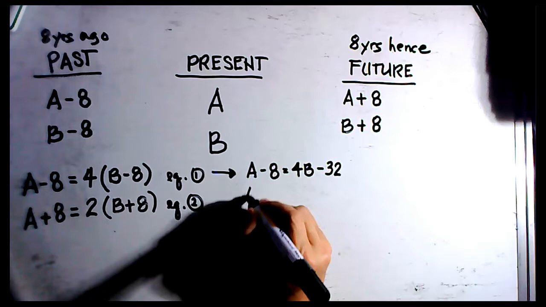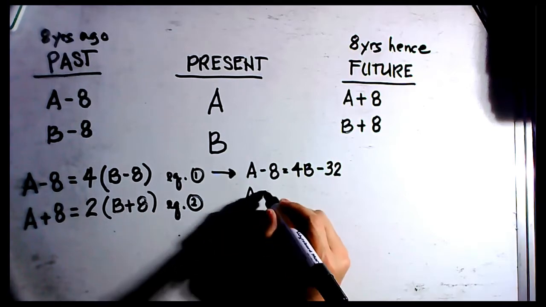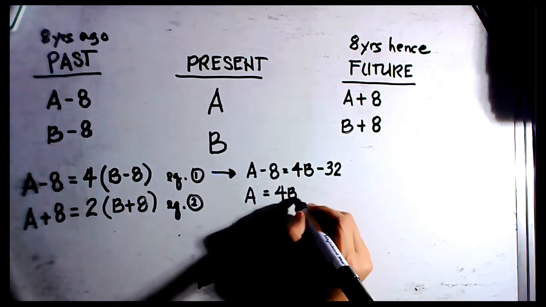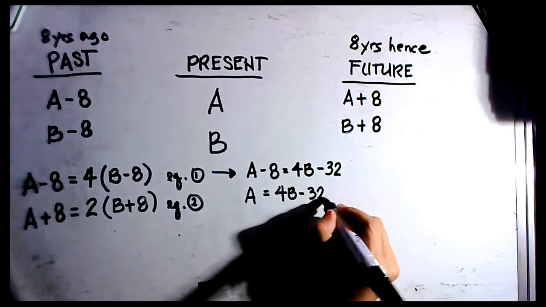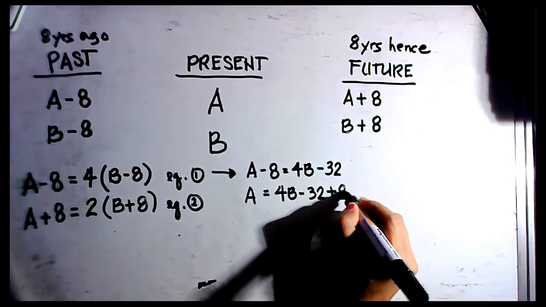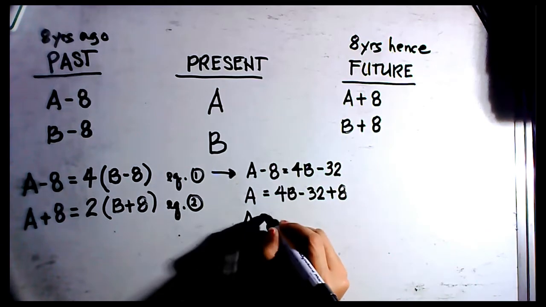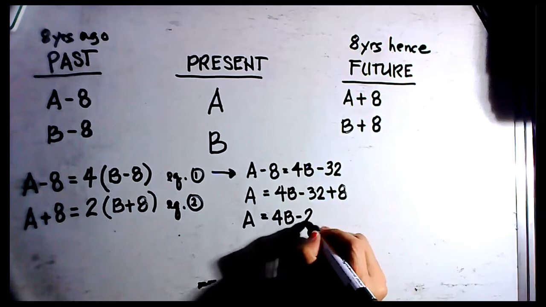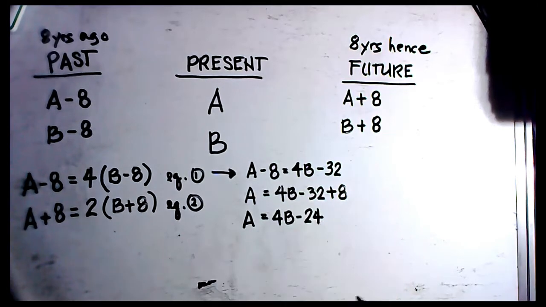So A will be equal to 4B minus 32 plus 8, and A will be equal to 4B minus 24. So that's from equation number 1.